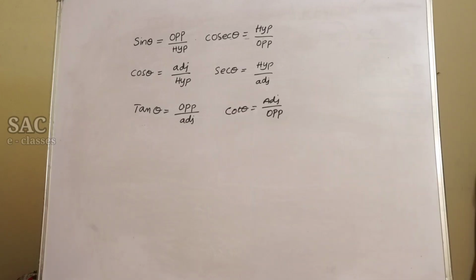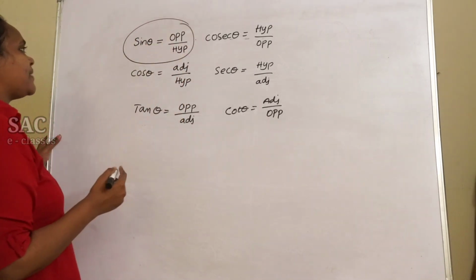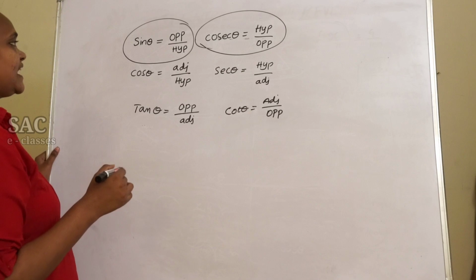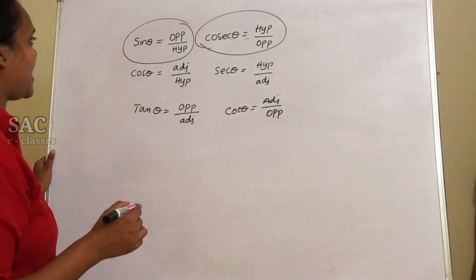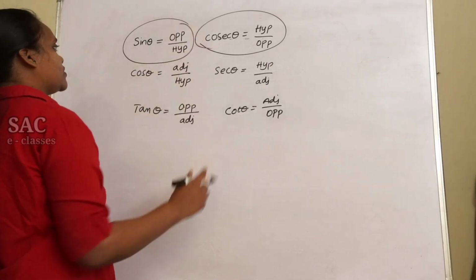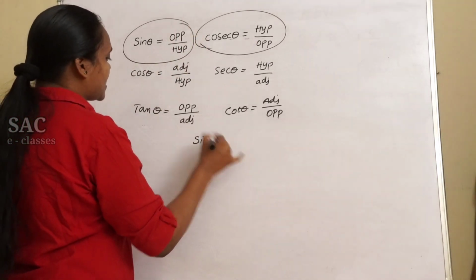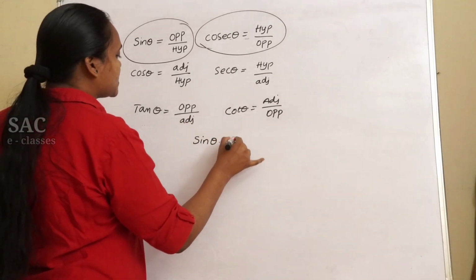If you have observed, sin theta equals opposite by hypotenuse, whereas cosecant theta equals hypotenuse by opposite. That means, are they multiplicative inverses of each other? Yes, that is why sin and cosecant are reciprocal to each other.